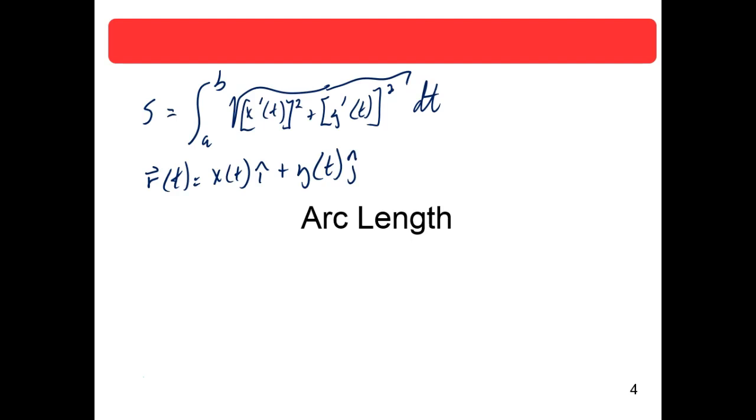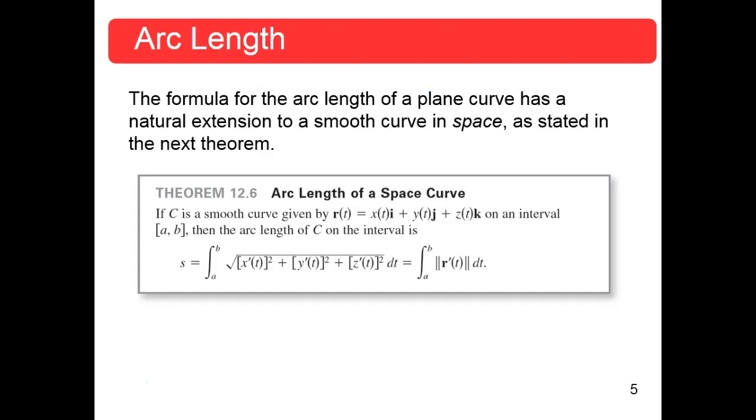So you can also express that equation S as the integral from A to B of the magnitude of r prime of t dt. Because that's exactly what r prime would have been. Now, extending that to space is what they were showing here in this theorem.